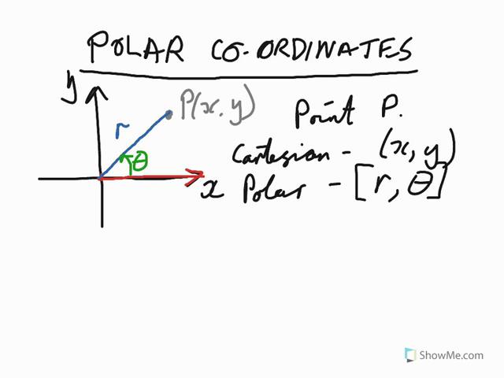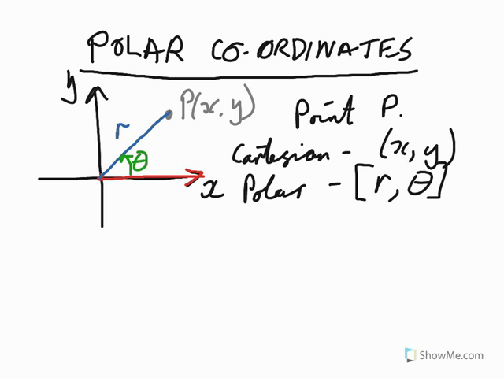So r is how far, and theta is the angle from the positive x-axis. So like the origin to the pole, if you like. It's how far you are from the pole, and direction from a particular default direction, which happens to be the positive x-axis.